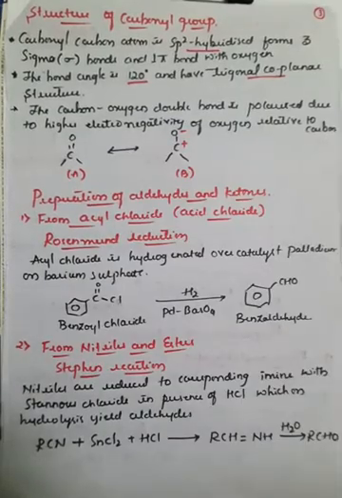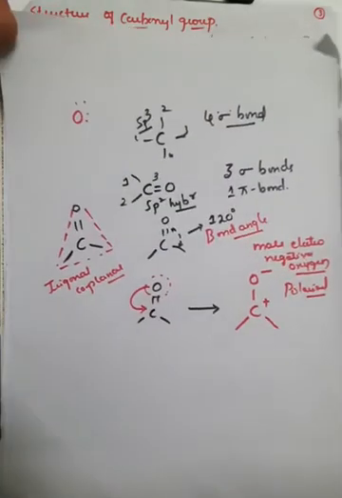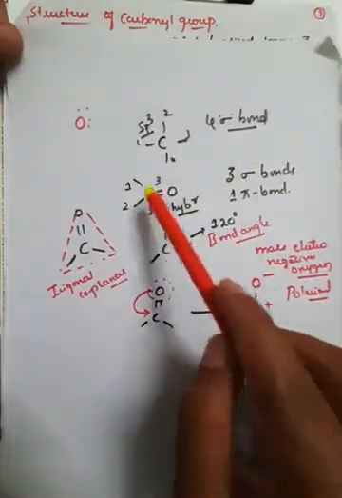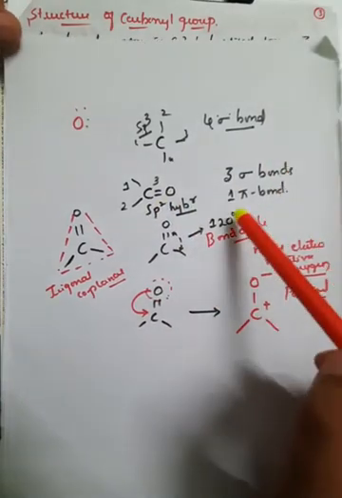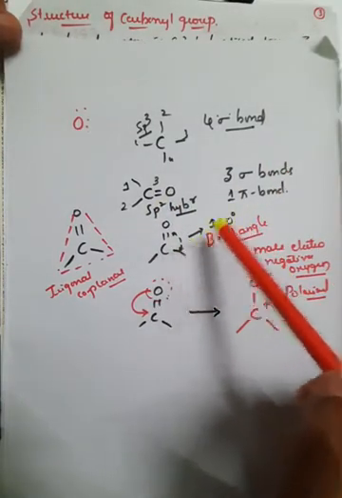And the last important part which we have studied today is the structure of the carbonyl group, in which the carbon is double bonded with oxygen, and the 3 important points are: the carbonyl carbon atom is sp2 hybridized, okay, and it consists of 3 sigma bonds and 1 pi bond, and the bond angle is 120 degrees.